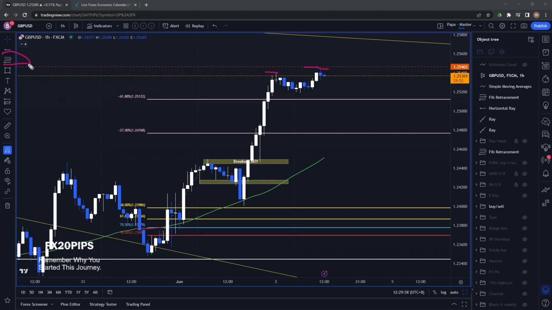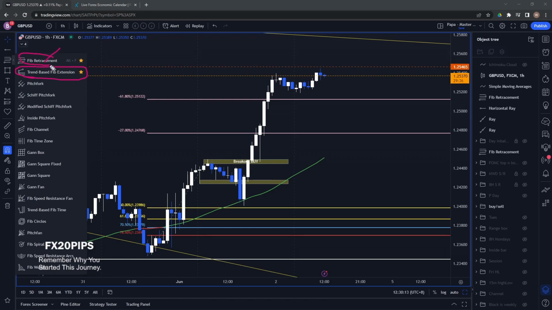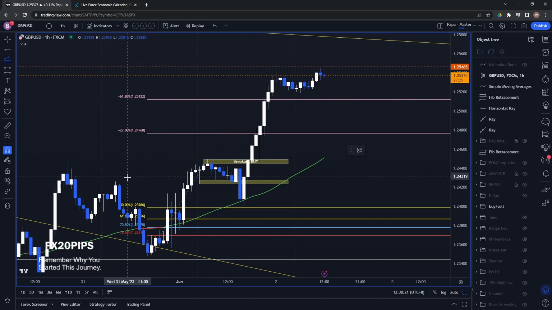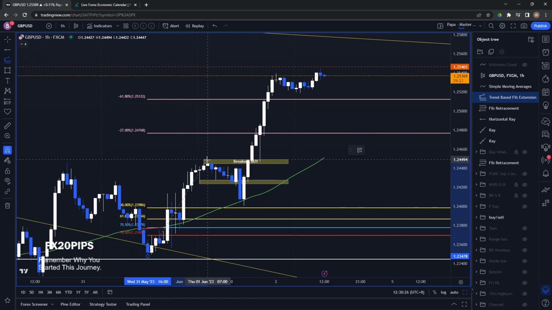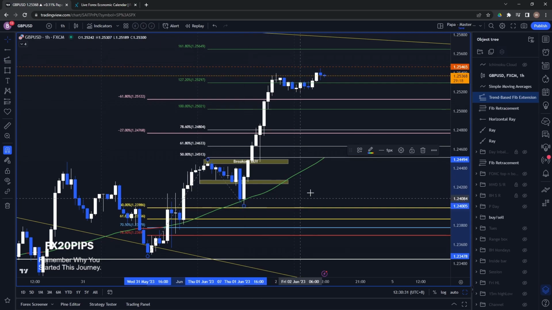This is a normal Fib here, right? This is the extension. This is what we normally use. This is the extension. So let's run an extension, which is 0.1, 0.2, 0.3, right?